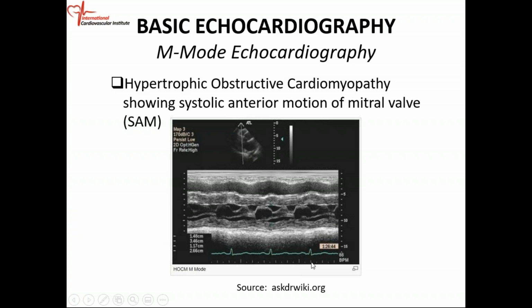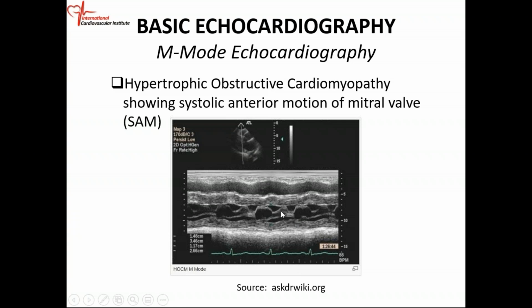All right, so our ECG is on the bottom. We know that the cursor is crossing through the mitral valve. In diastole, which is from the end of the T wave to the QRS, this is opening of the mitral valve, anterior leaflet, posterior leaflet.